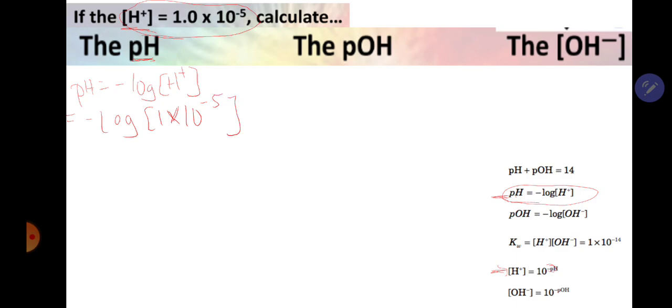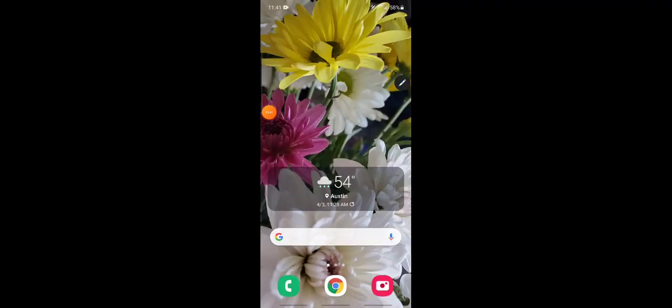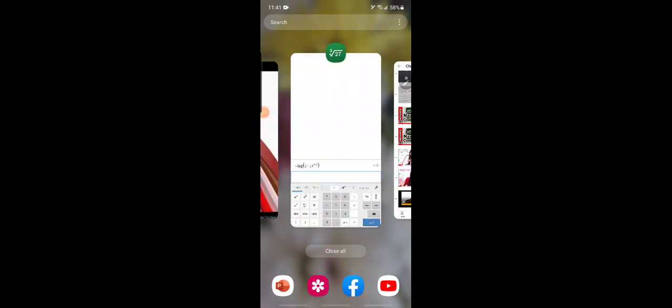And you know, let's go use a calculator to find out what that is. Negative log 1 times 10 to the negative 5.